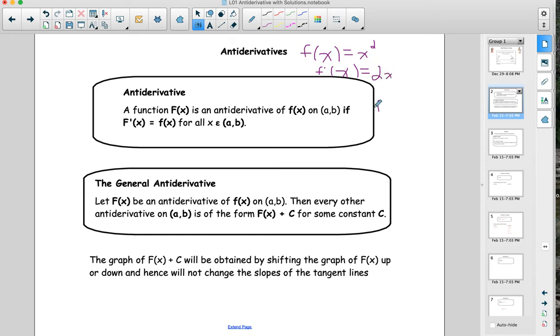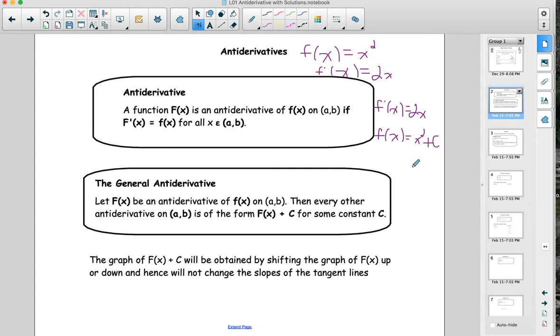Now, what if f'(x) was 2x? Then we're looking for its antiderivative. Then f(x) would be the antiderivative. And the antiderivative of 2x, of course, is x squared. But then you'll see we'd have to add any constant.